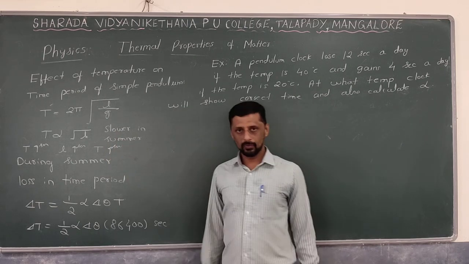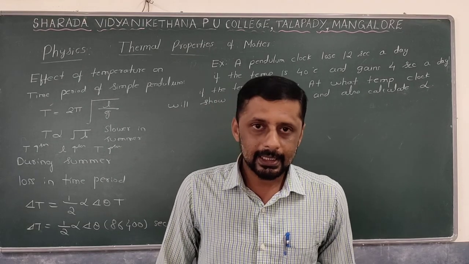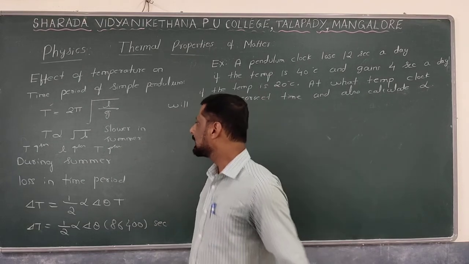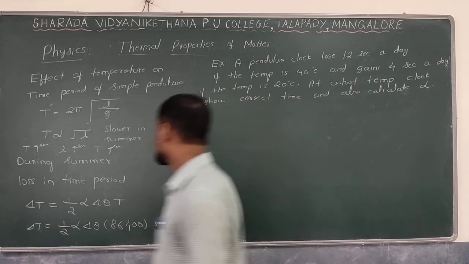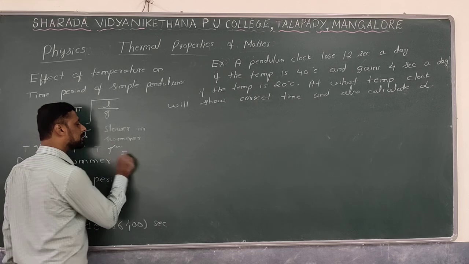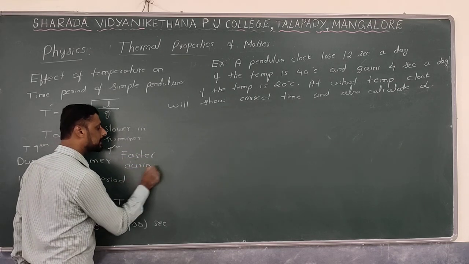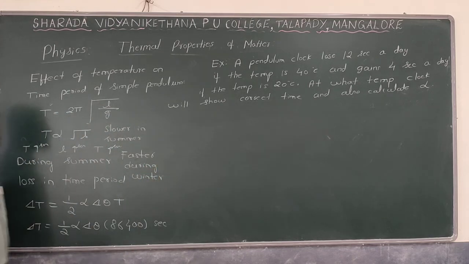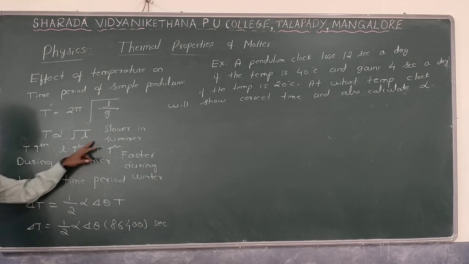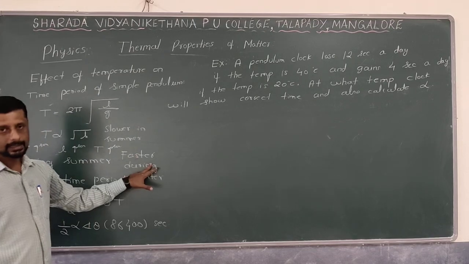In case of winter, the temperature decreases, length decreases, time period decreases, and hence the clock becomes faster during winter, and hence it gains time. So during the summer it loses time, whereas in winter it gains time.